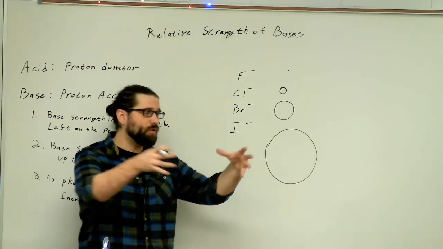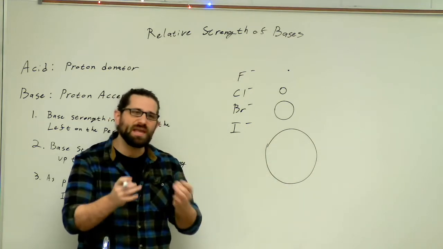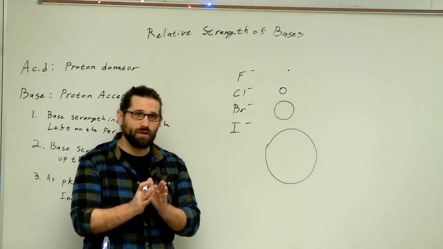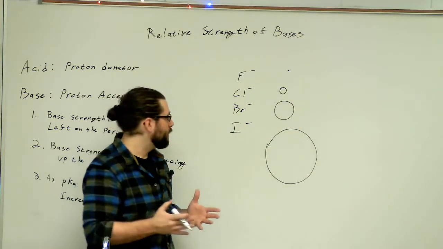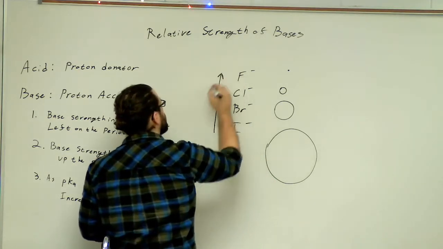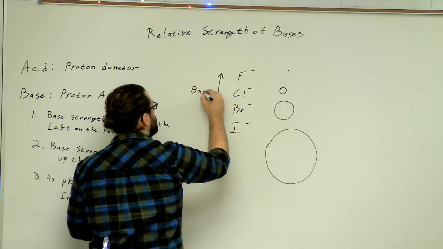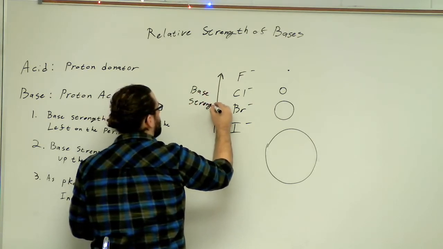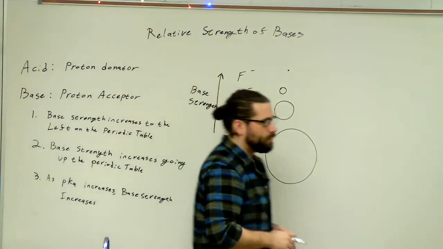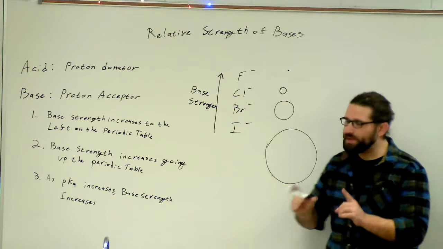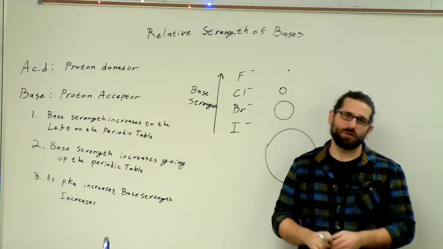Because they're able to spread out more, they are able to stabilize more. With fluorine, they can't really go anywhere, so they're not as stable. So base strength is going to increase as we go up the periodic table. Okay? So this is all coming back to the ability to stabilize that negative charge.